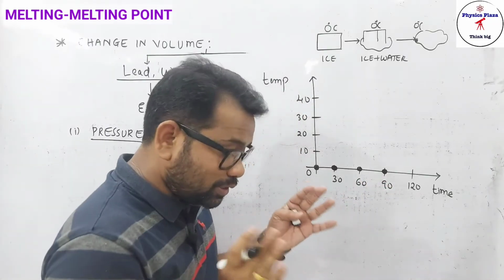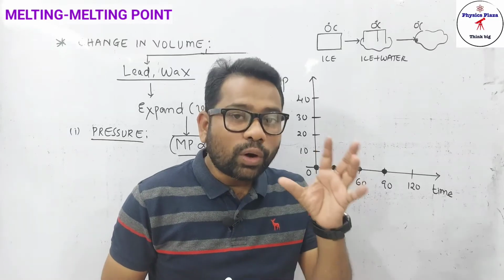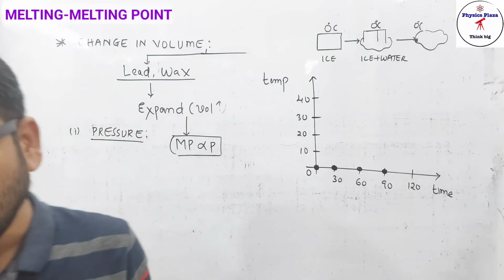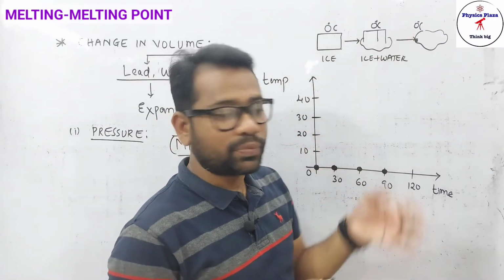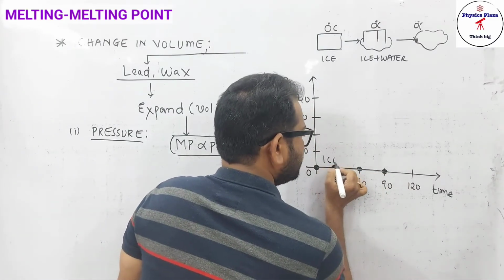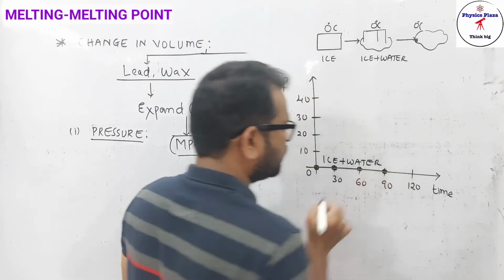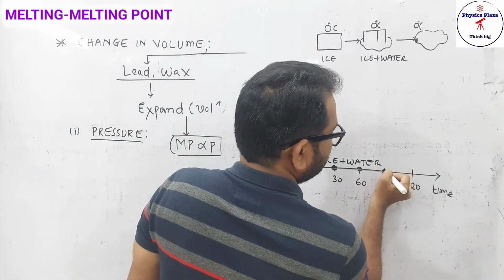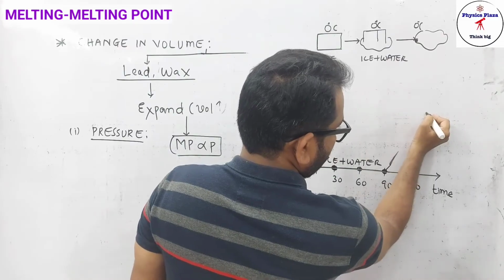Till the whole ice converts into water, the temperature remains the same. From here to here, children, this is ice plus water. Once the whole ice converts into water, the temperature starts rising. So this is how you will get the curve.